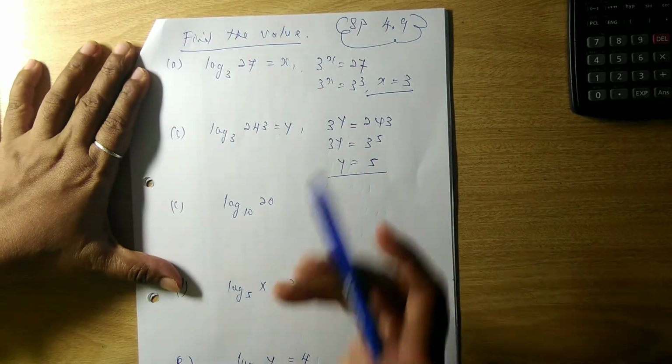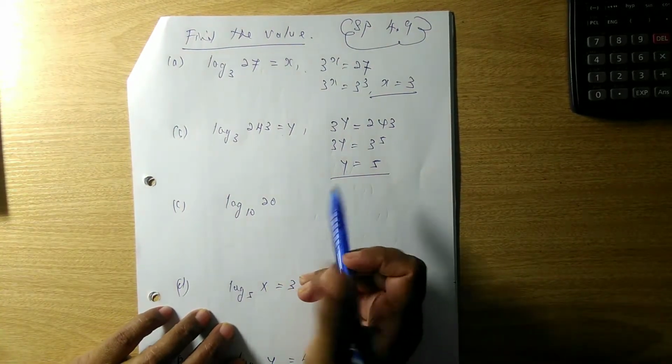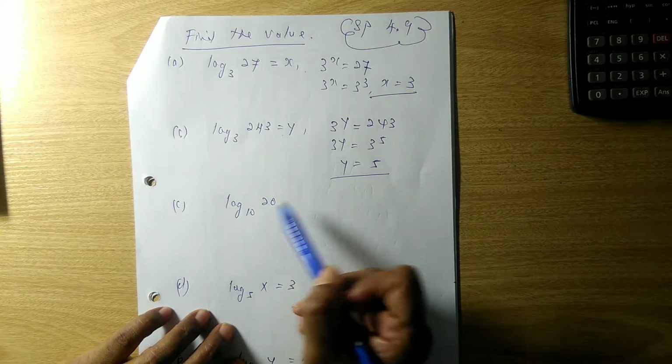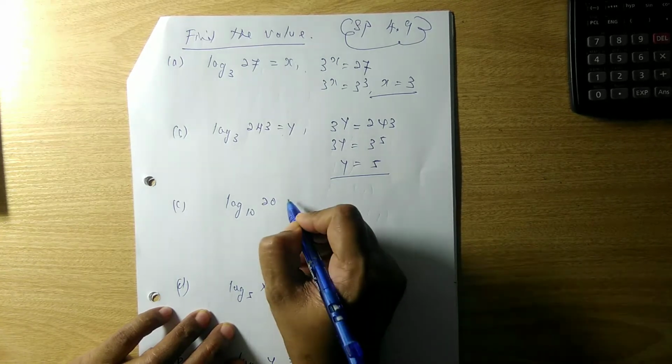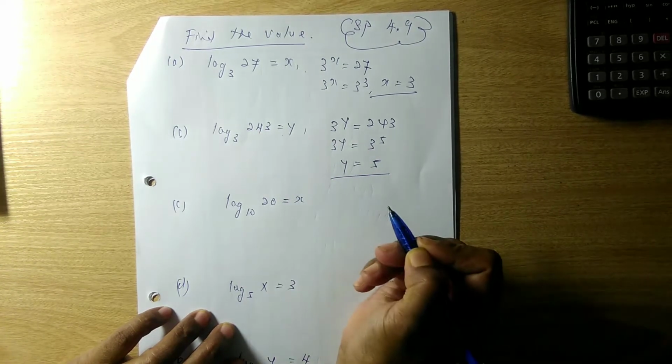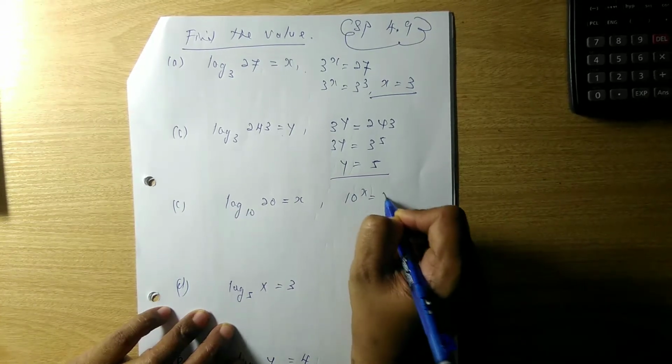Now let's say I've got this question, log 20 base 10. If I put this as x, what I'm actually going to get is 10 to the power x is 20.